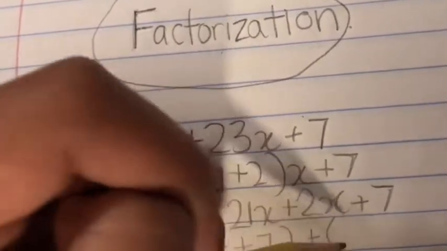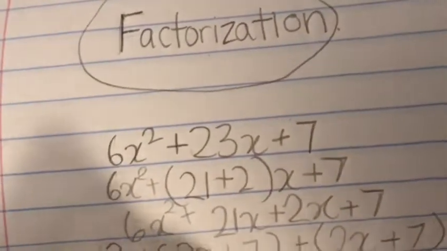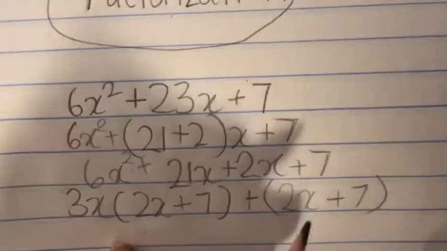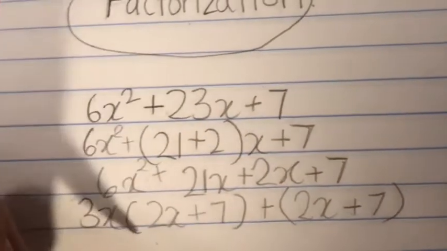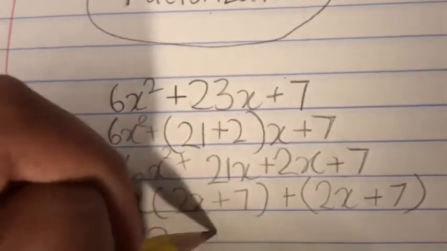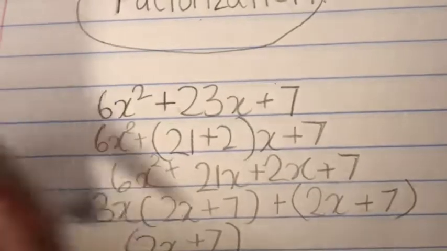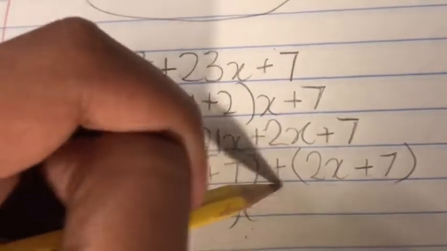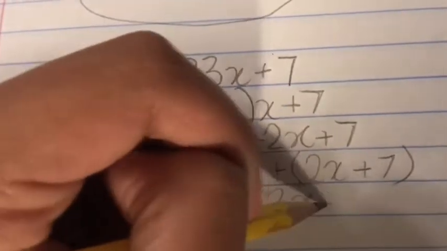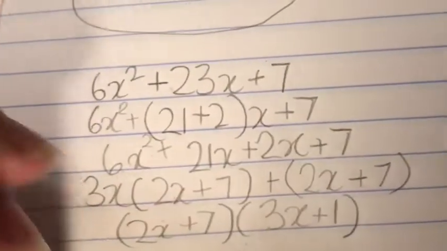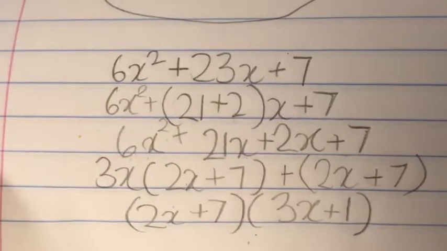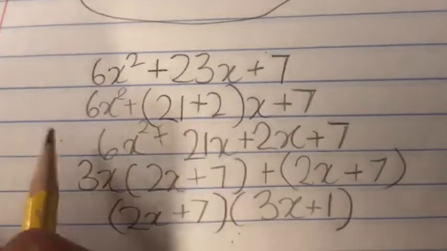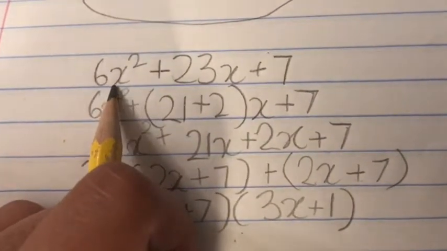So basically you can just write that in brackets too: 2x plus 7 and 2x plus 7. One of them gets cancelled out. So at the end you have 2x plus 7 in brackets and 3x plus 1, because there's nothing else there. So that is the more complex factorization with the coefficient, with the 6.